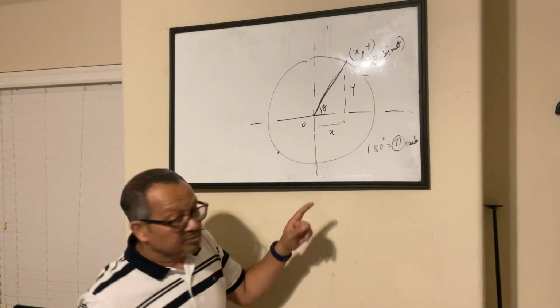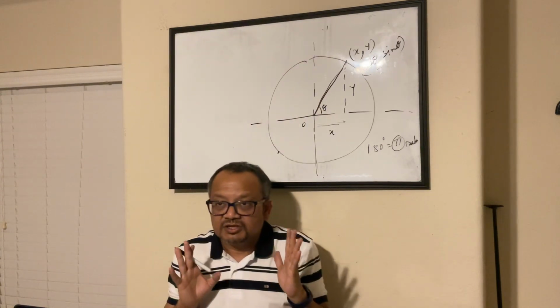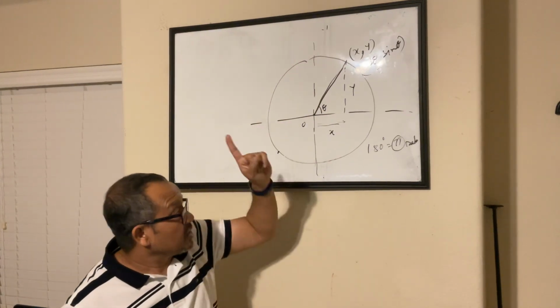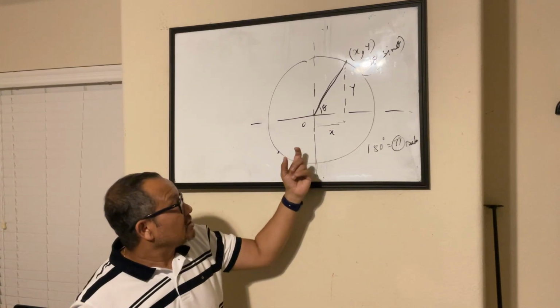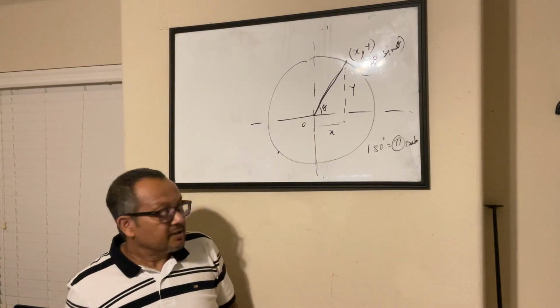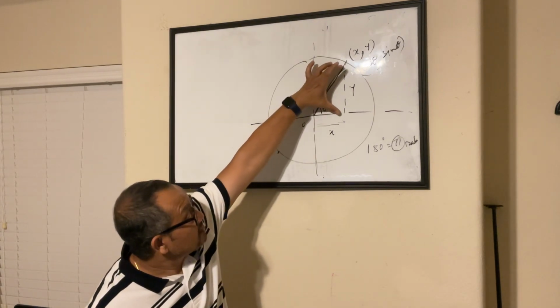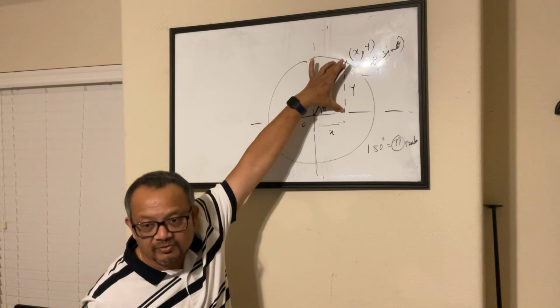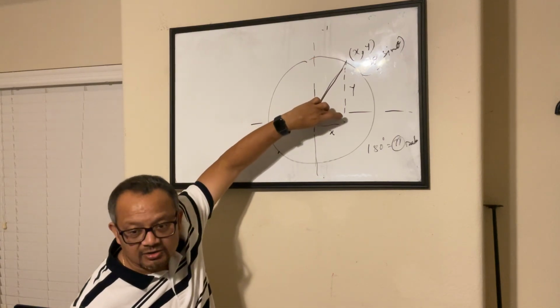So whenever you are dealing with a unit circle, you have to always keep two things in mind. One is your radius is 1, and second, this is nothing but a coordinate plane, and you have to get the absolute value of the length along the y-axis and the absolute value of the length along the x-axis.